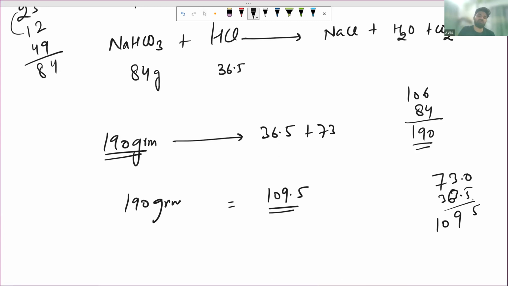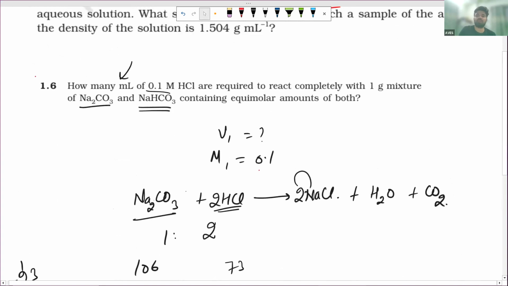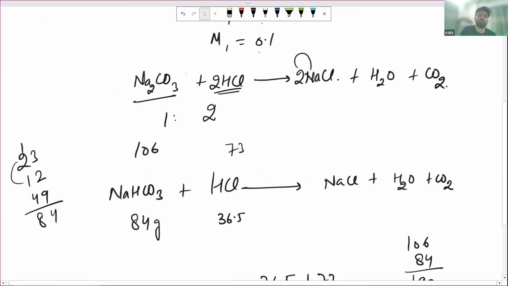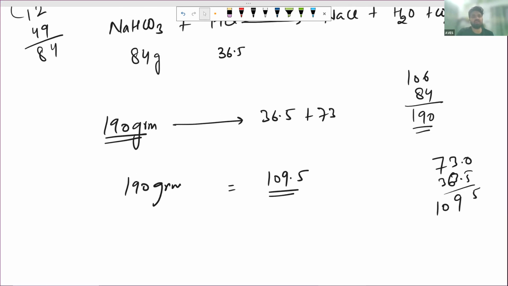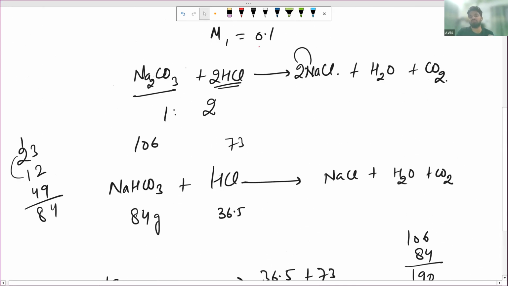I'm just confirming here that 190 grams of the mixture has 1 mole of NaHCO3 and 1 mole of Na2CO3. You understood? They both are 1 mole.